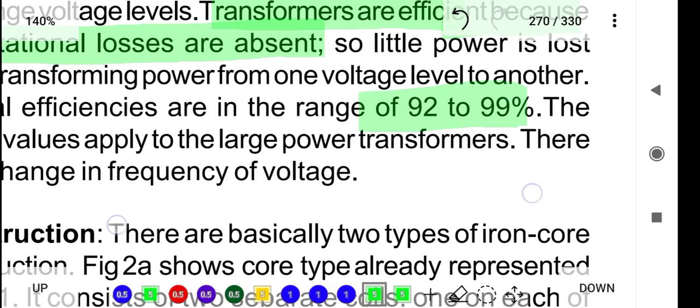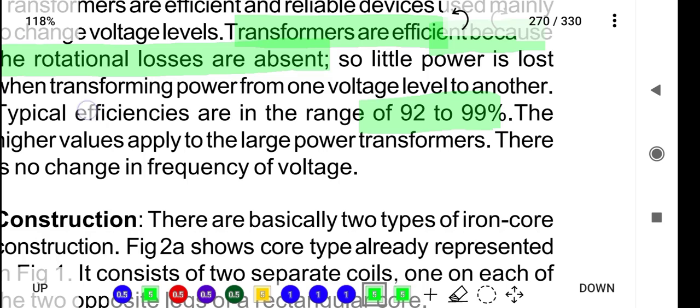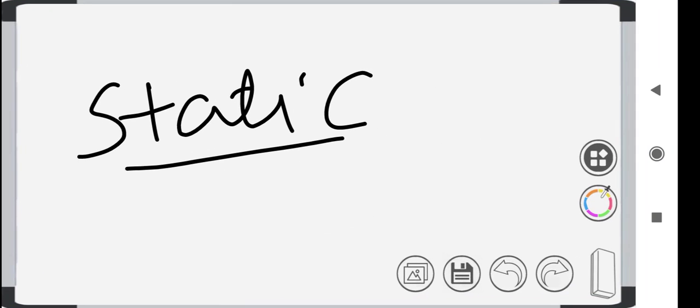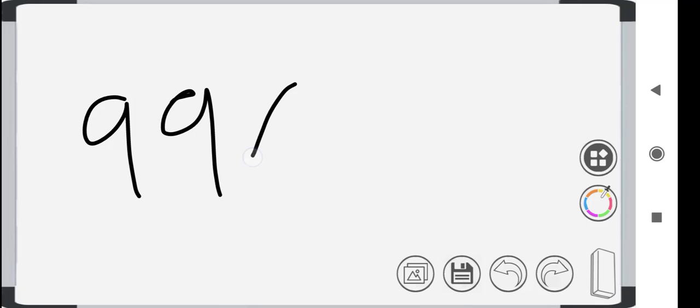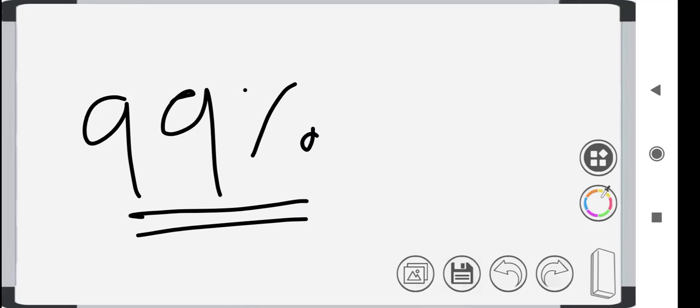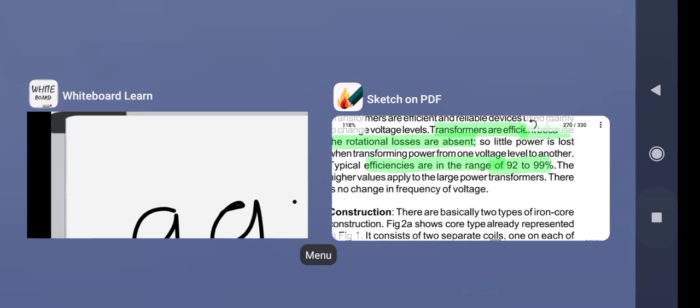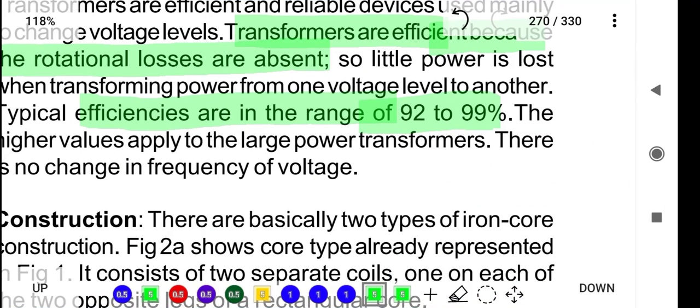The efficiencies are in the range of 92 to 99%. This question will come in the exam: what is the efficiency of a transformer? You have to tell 92 to 99%. This is a very important point. These two points are clear.